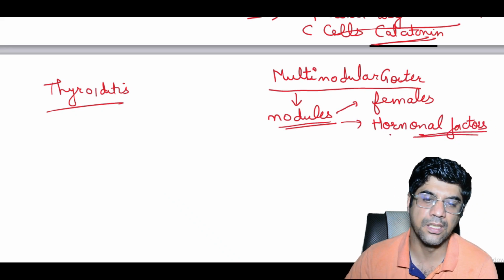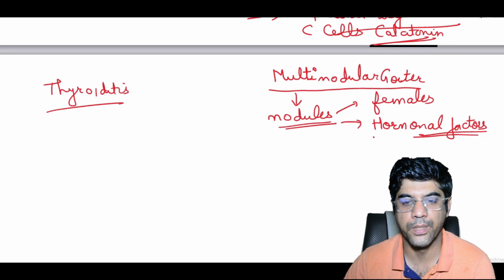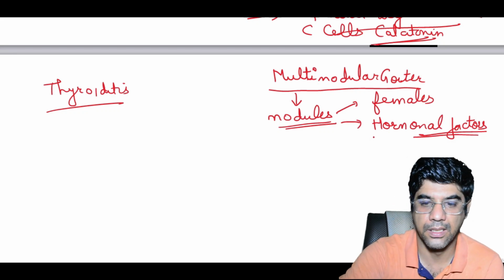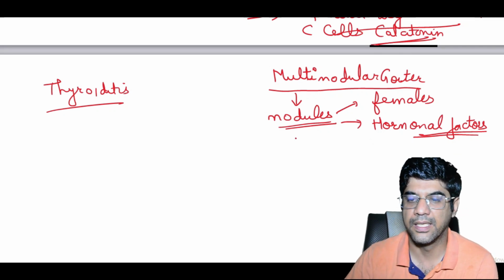So it occurs in girls at puberty or during pregnancy when the metabolic demands are high and thyroid hormone production, its T3, T4, they are normal.